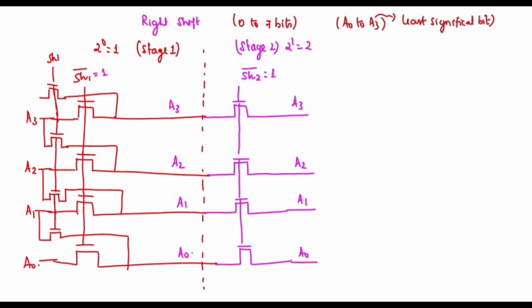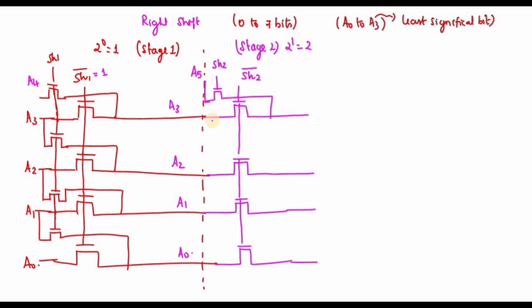Suppose, then what will happen to my a5 bit? So this is my a5 bit, this is a4 and this is a5 bit. So the a5 bit will come here.